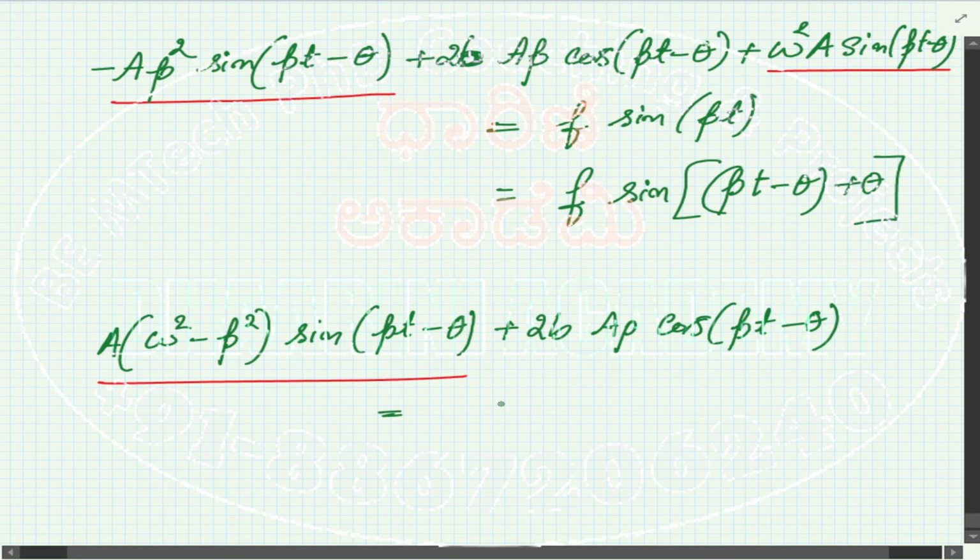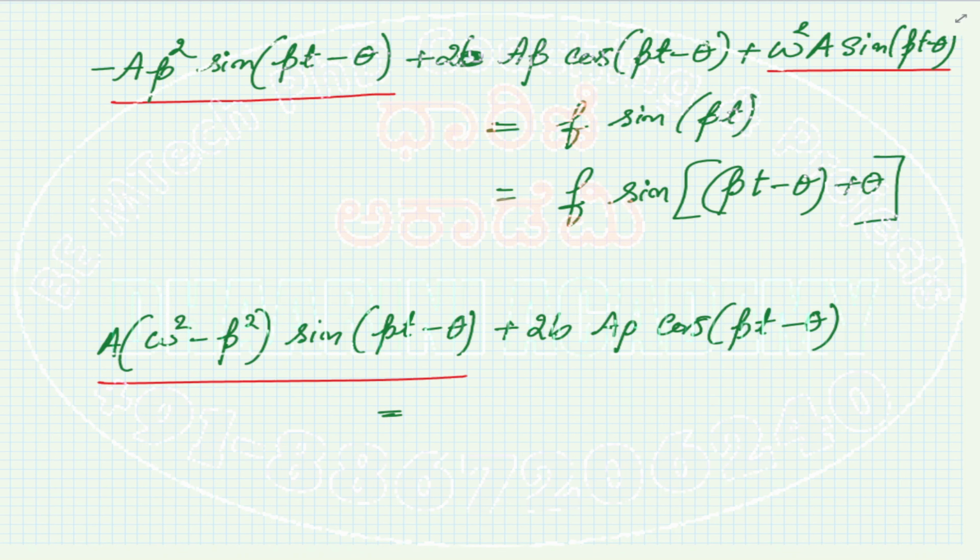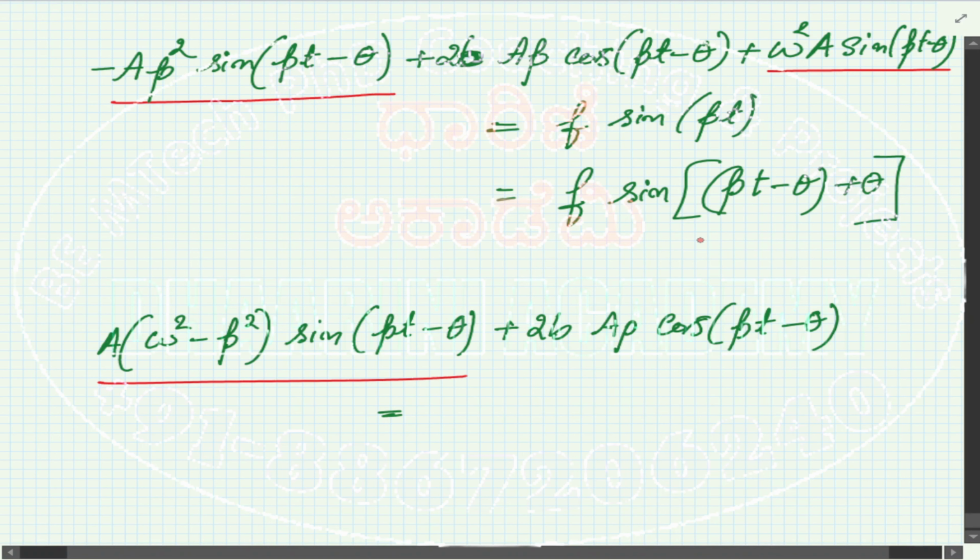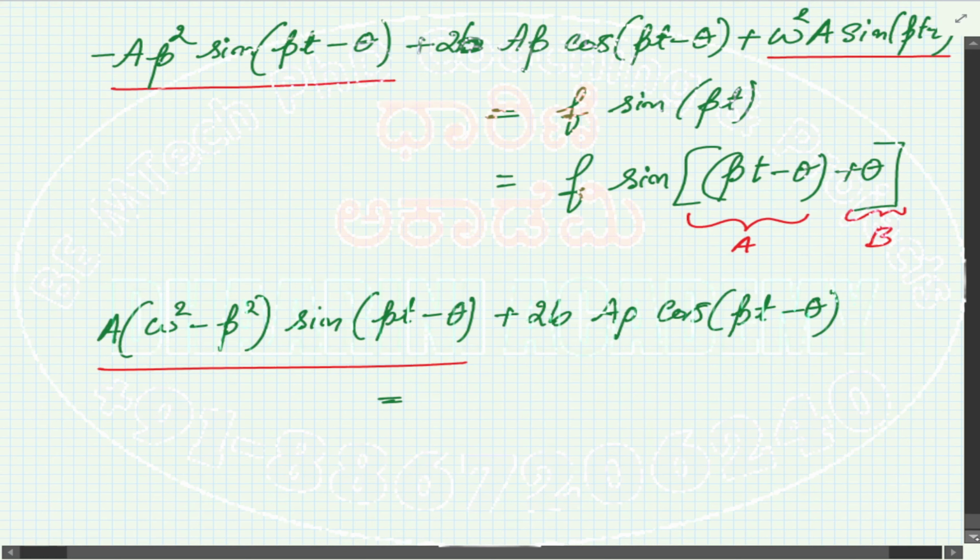Now on the right hand side we get a different one. I can see that there is a sine of a plus b format, where the first function looks like a and the theta looks like b for us. We know that sine a plus b is sine a cos b plus cos a sine b.